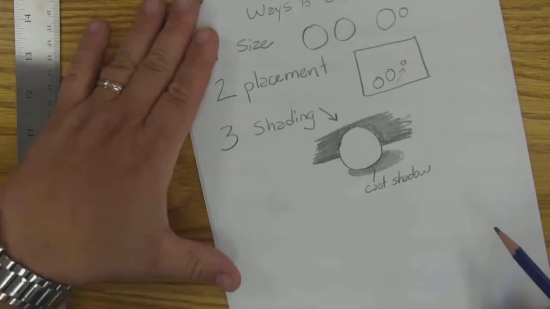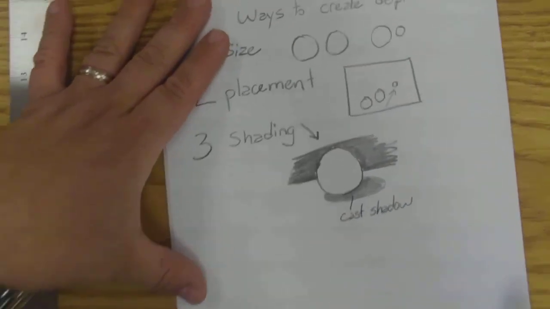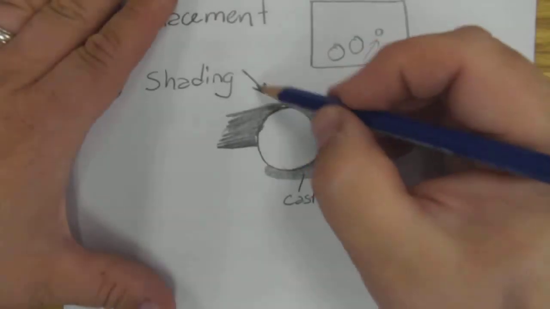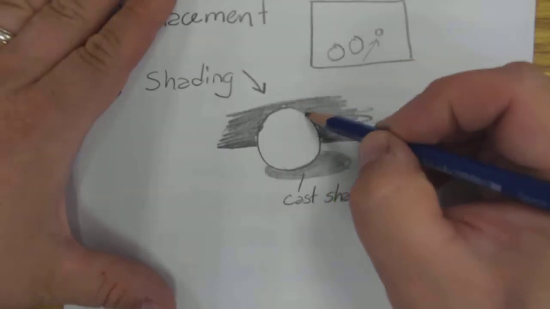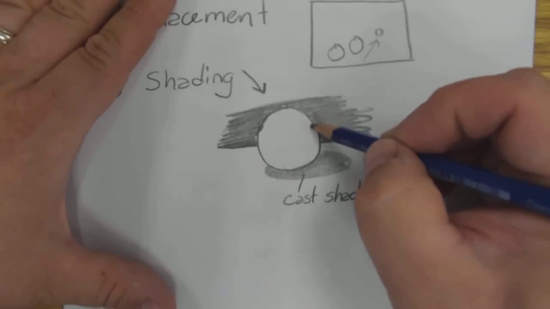Okay, it's also going to create some shadows on the object, and those you need to be aware of. I'm going to zoom in here so you can get a really good view of what I'm talking about. So if the light's coming in from this direction, then the moment the object starts to turn away from the light source, it's going to start to go into shadow.